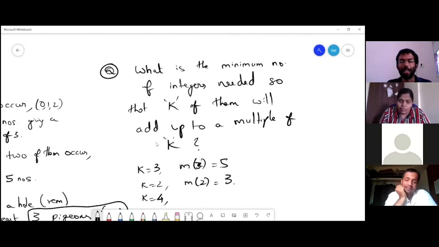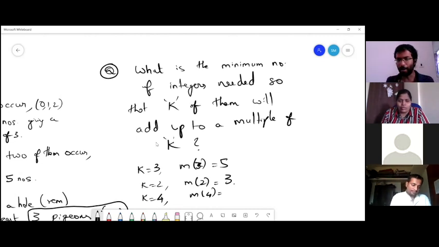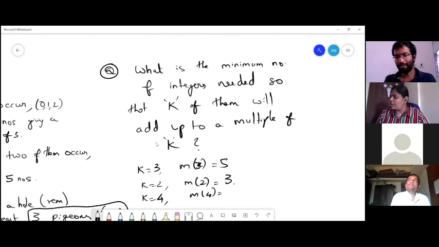But for k equal to 4, what is m of 4? What is the minimum number for 4? K is equal to 4. Gauri ma'am, did you know the result for 4? I tried it long ago. I think that was also coming to either 5 or 6.